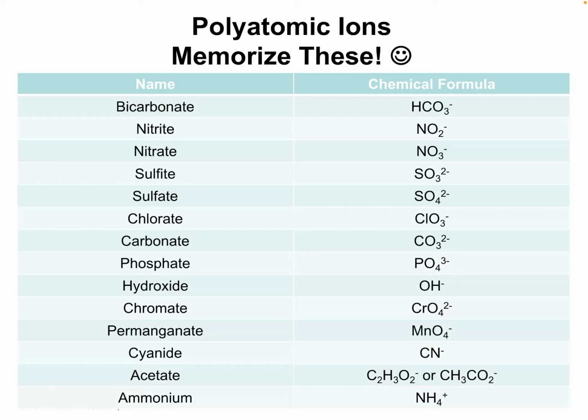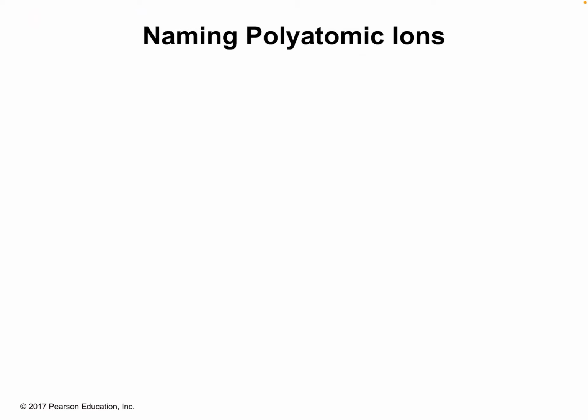Hopefully last time you made flashcards and you've been starting to work on them. This lecture and all of the ones from here on out will go much easier if you have these polyatomics memorized. And like I said before, you will have a quiz on these polyatomics, so you really need to memorize them. The quiz will be like, if I write bicarbonate, you will write HCO3 minus, or if I write HCO3 minus, you'll write bicarbonate. So it's very similar to the element quizzes that we do.